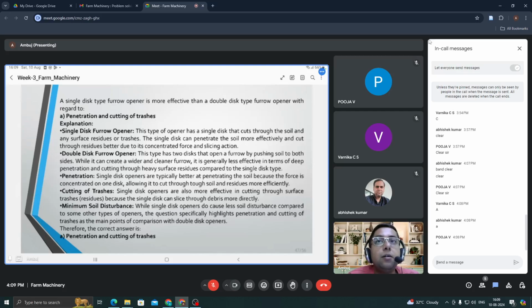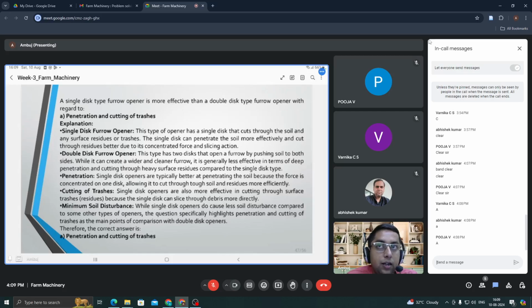while in case of a double disc furrow opener, this type has two discs that open a furrow by pushing the soil to both the sides. Okay, it can create a wider and cleaner furrow, but it is generally less effective in case deep penetration is required or cutting of heavy soil residues is required.